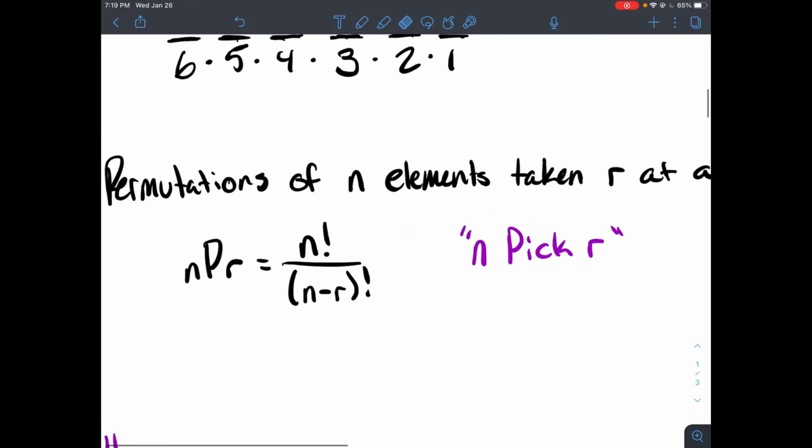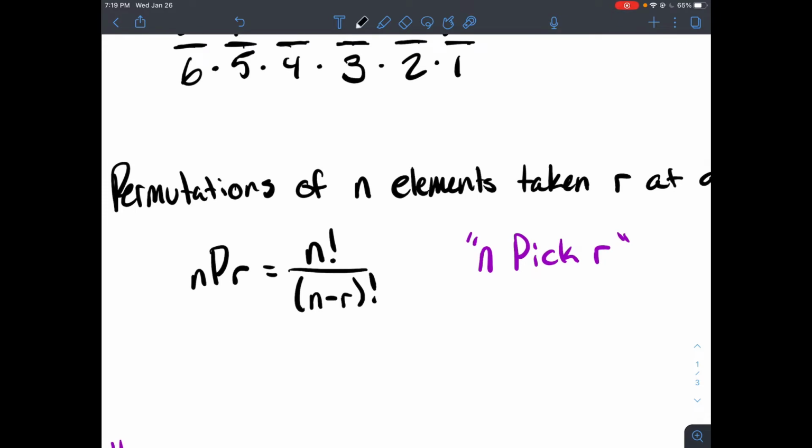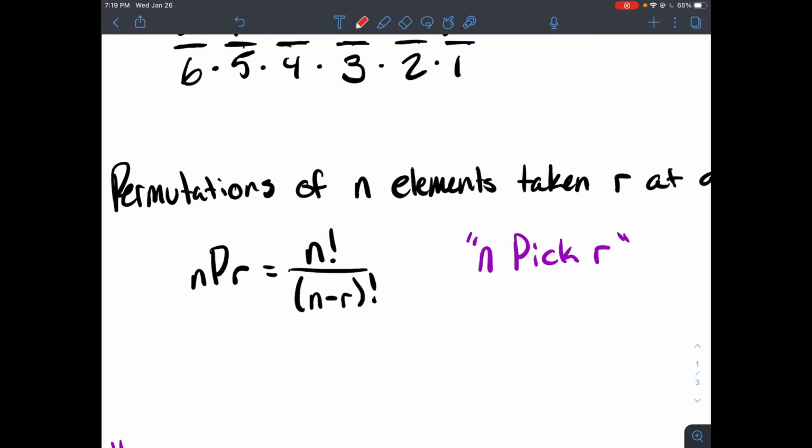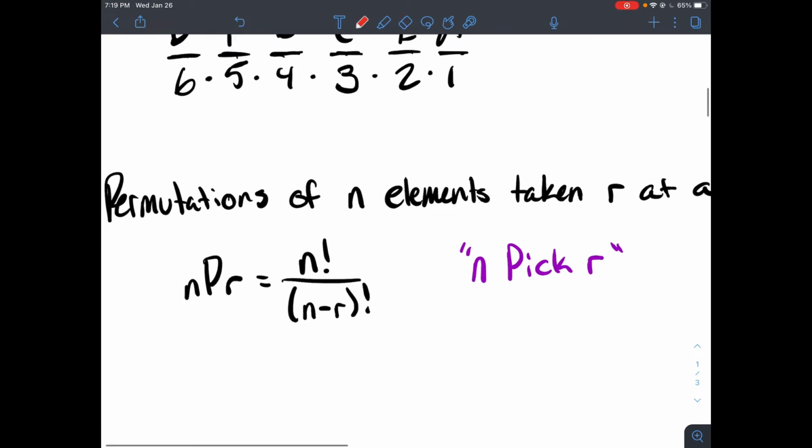The only difference from nCr, n choose r, is that in nCr there's an extra r factorial down here. We don't have this in permutations, or nPr, kind of like NPR news station. We are not going to use an r factorial.